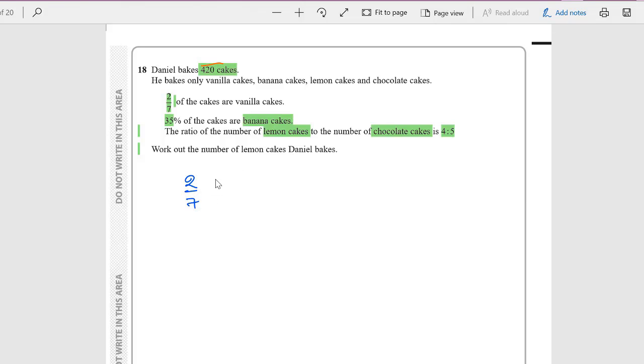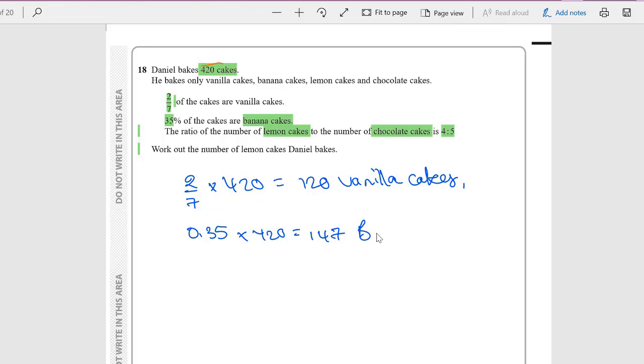2/7 of them are vanilla cakes. We know there's 420 in total, so 2 times 420 then divided by 7 gives 120, so that's vanilla cakes. And then it said 35% of the cakes are banana cakes, so I can write 35% as 0.35 times 420, which equals 147 banana cakes.